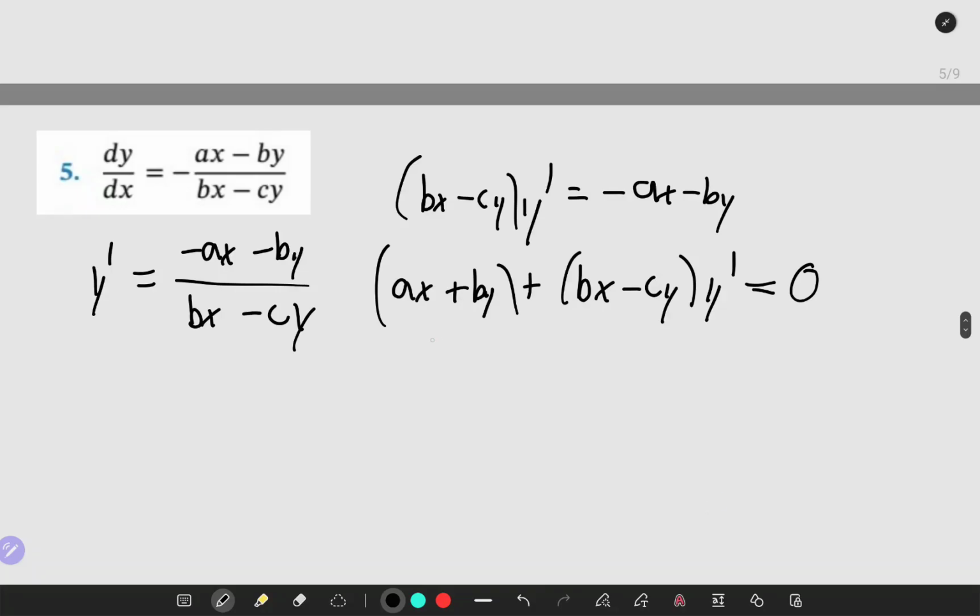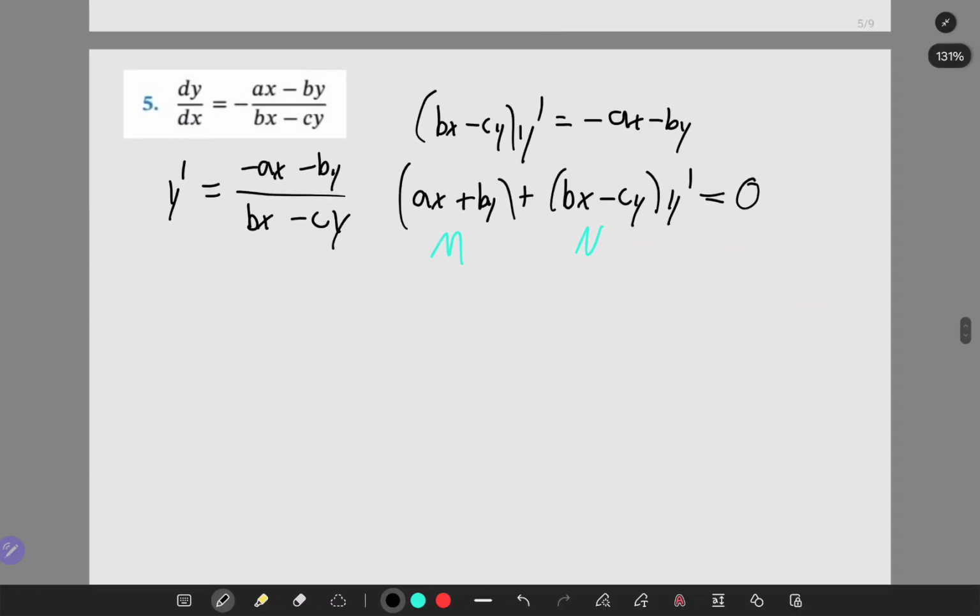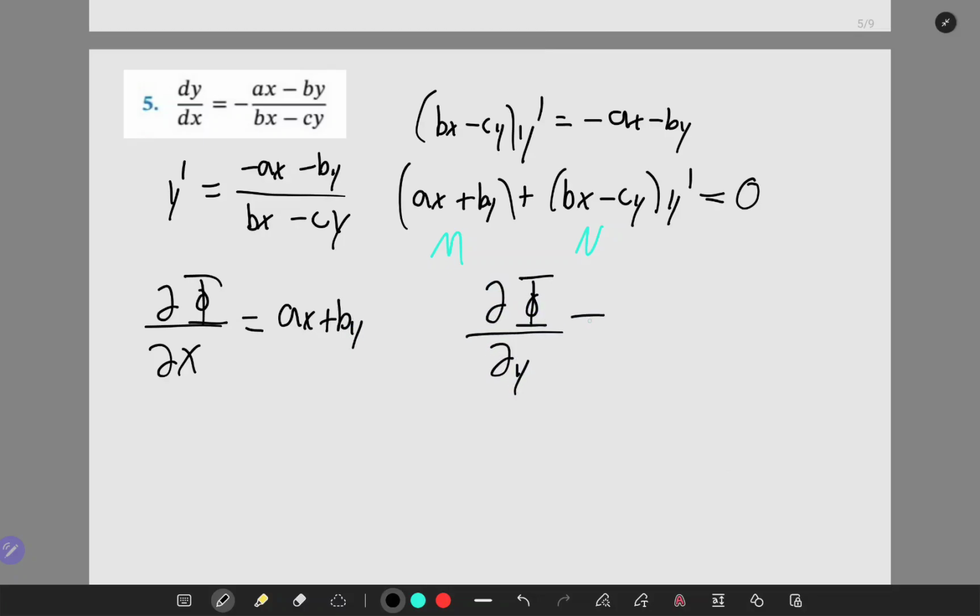So this is our m. This is our n. So that tells us that d phi dx is equal to ax plus by, and our d phi dy is equal to bx minus cy.